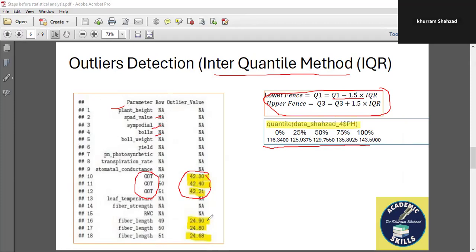We also have outliers in fiber length. So you can see which parameters in your data have outliers. You can manage these outliers through different transformation functions in statistics, but before doing statistical analysis, you must know the outliers in your data.